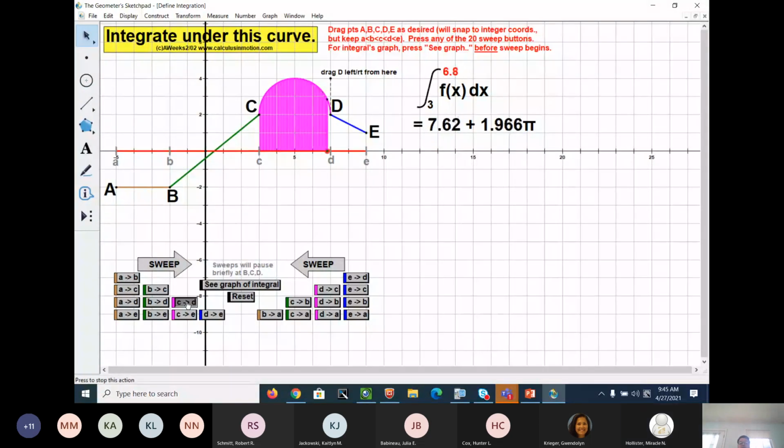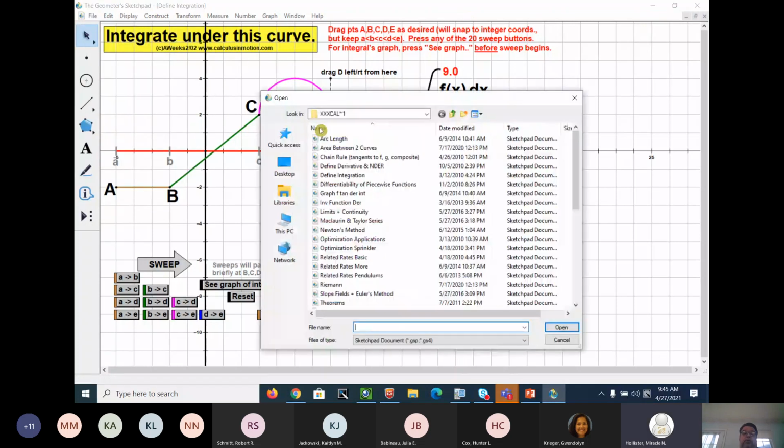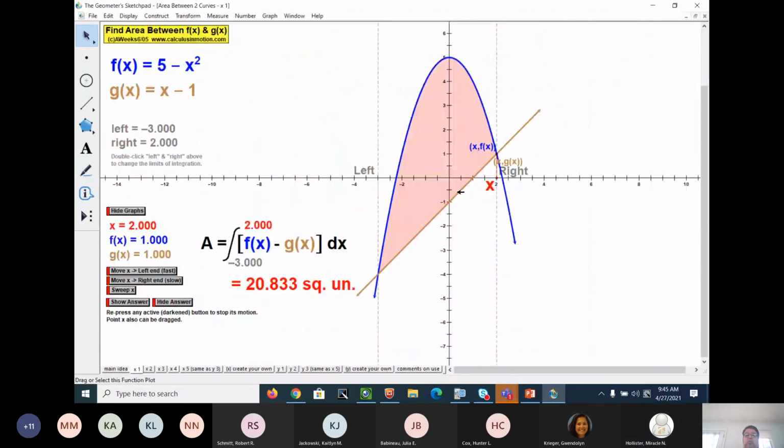That's what we're doing. Now let's go with area between two curves, and you can see it here also. That right there you could not do in algebra because it's a curve.